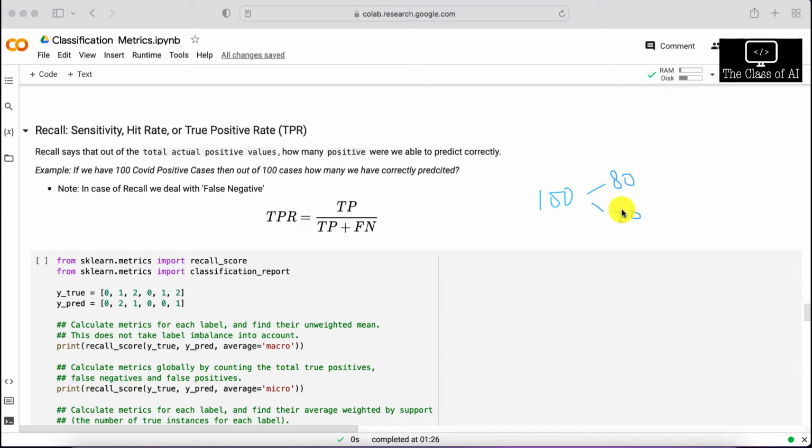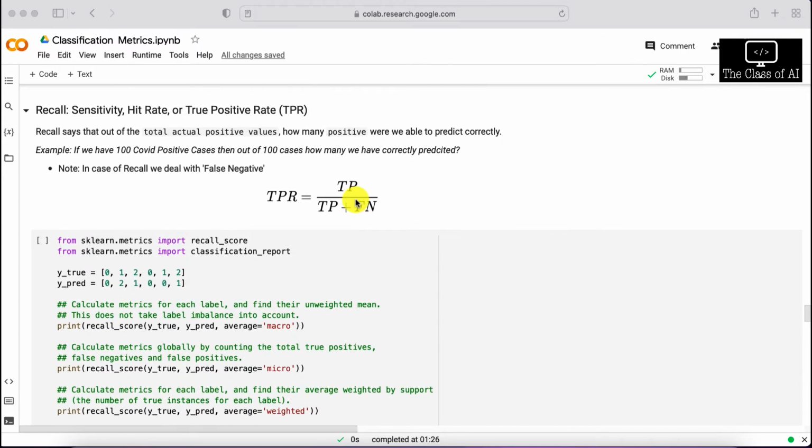Actually they are positive, but we are saying they are not, so they are false negatives. We have only identified 80 as true positives. So to calculate the recall score, we take true positive, 80, divided by true positive plus false negative, 80 plus 20. That means our true positive rate is 80%, or 0.8, right?